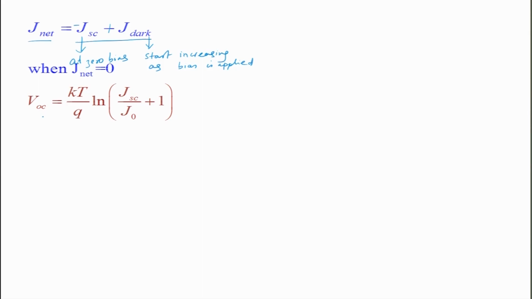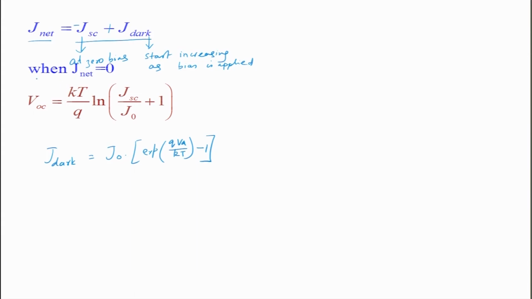When J net is equal to 0, then I can write VOC. If you see the expression, J dark was equal to J naught into exponential of qVa by kT minus 1. So, I am saying that J net is equal to JSC minus J dark, and I am just taking the mod of both of them, also taking JSC as a positive current. Okay.